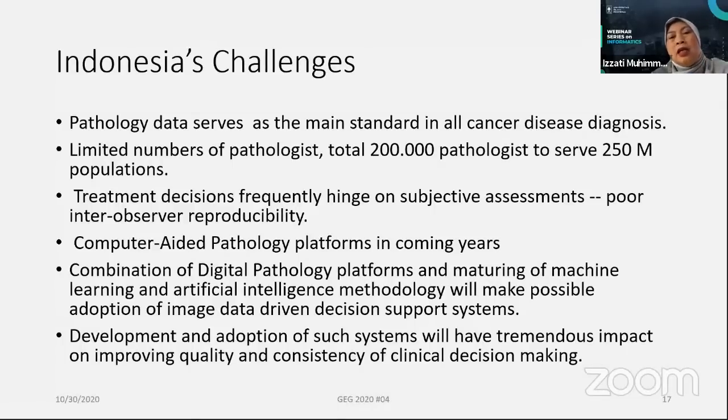GP, and then the GP may refer them to the radiologist, and then the radiologist may ask you to undergo an ultrasound examination to check whether there is a symptom of breast cancer.